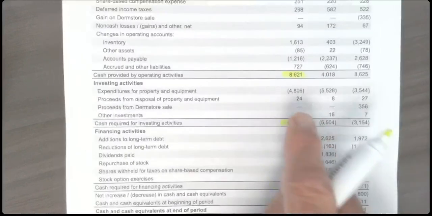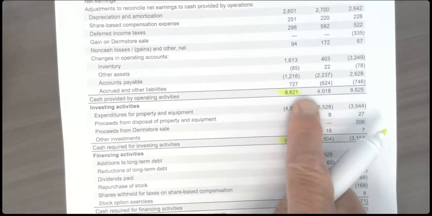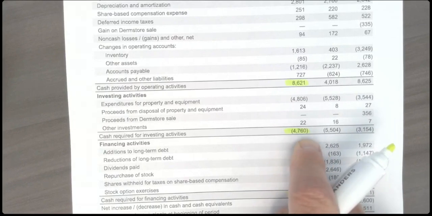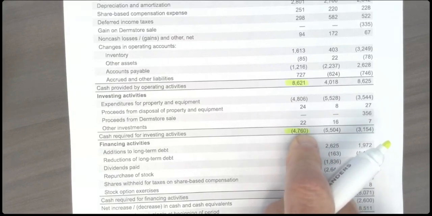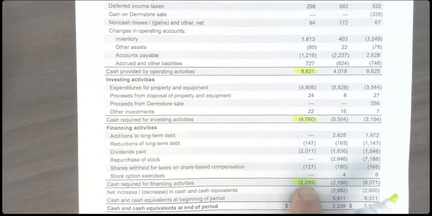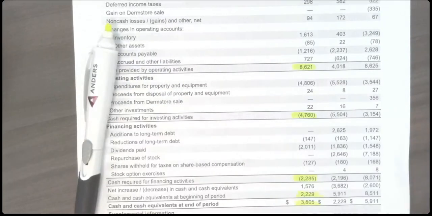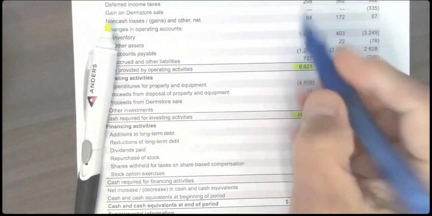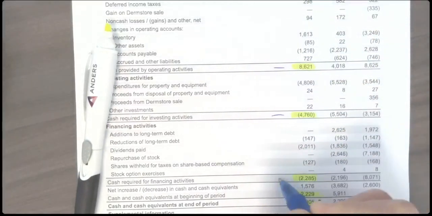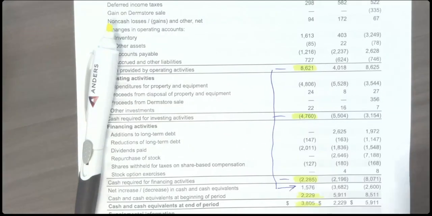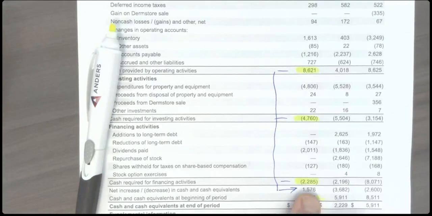The operating activities provided 8.621 billion. The investing activities used 4.76 billion of that, and the financing activities used 2.285 billion of that. And if you take the net of those three, you have 1.567 billion.